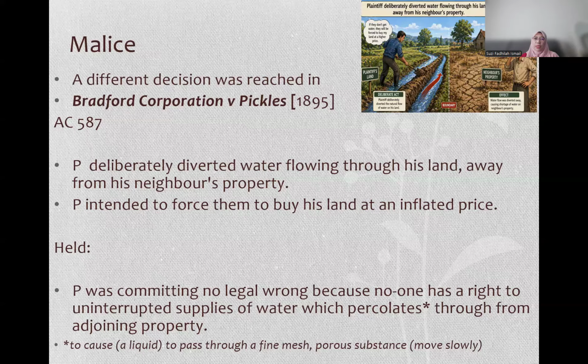This is the decision in Bradford Corporation and Pickles. Any other cause of action would lie elsewhere, since he committed no legal wrong here; he has the right to do what he is entitled to do. I think that's all for part 3 of nuisance, so I stop here.